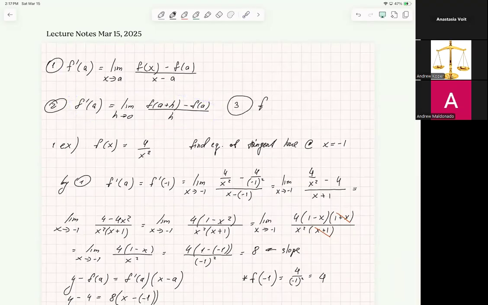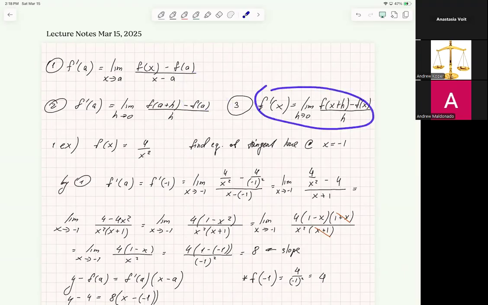It's the same thing as the second formula, but instead of a, we have x everywhere: the limit as h goes to 0 of f of x plus h minus f of x divided by h. So you can use either of these three formulas, whichever you want.